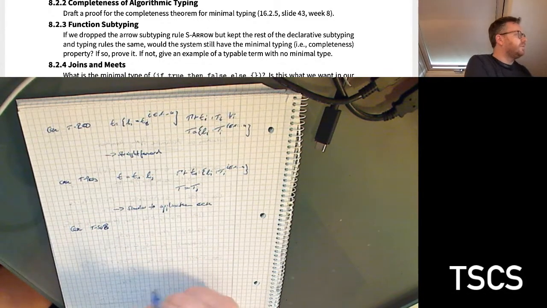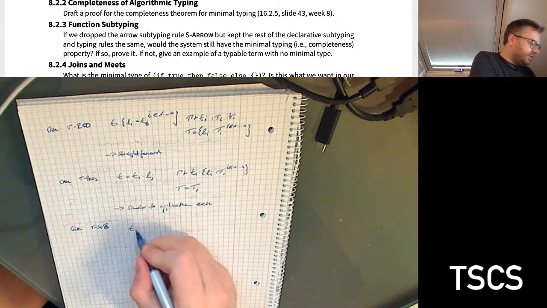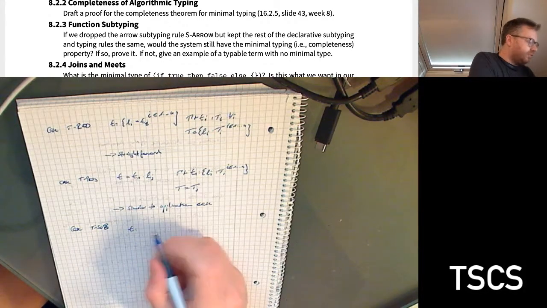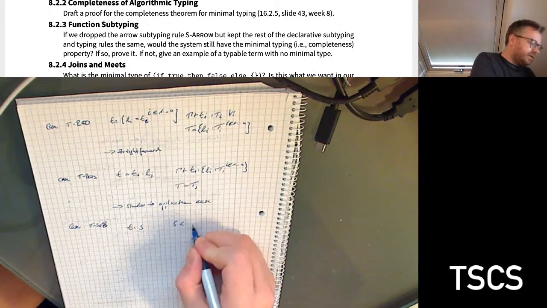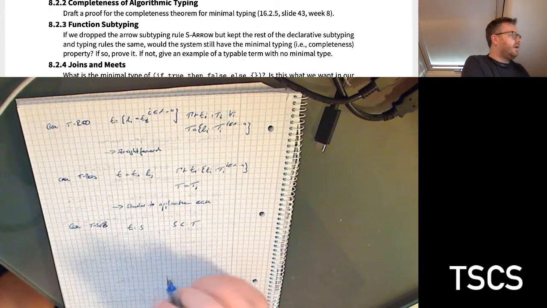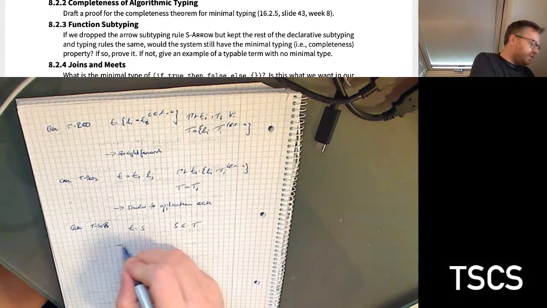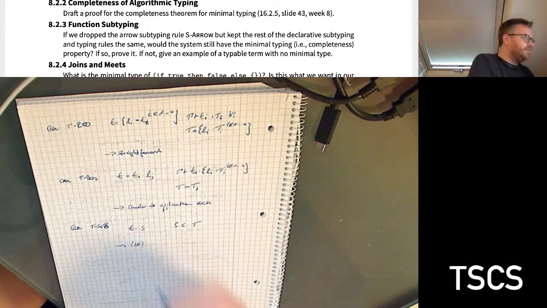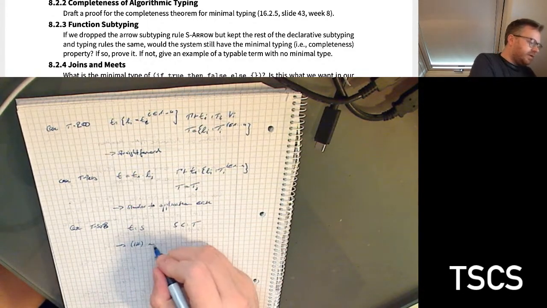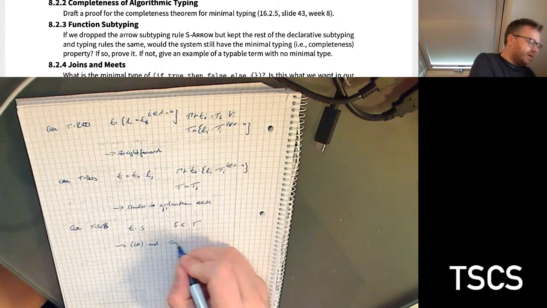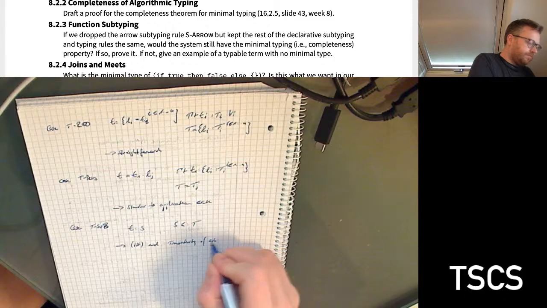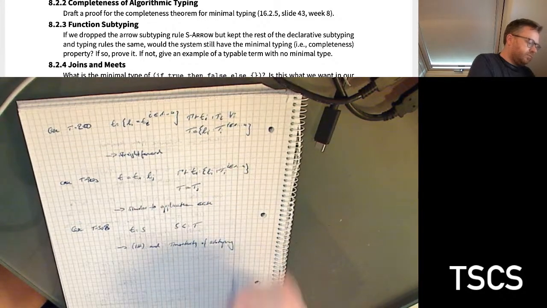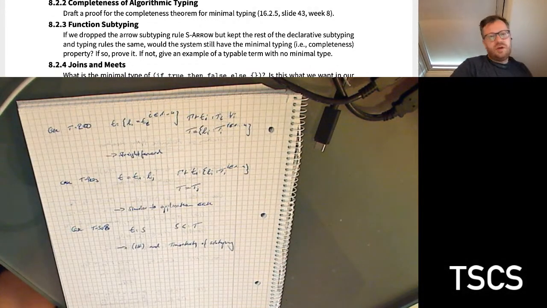It's a weird way of writing a B. For this, the term does not have a form. It just has a type called S, and we know that S is a subtype of T. And this actually follows from the induction hypothesis and transitivity of subtyping. There you actually go. Good.